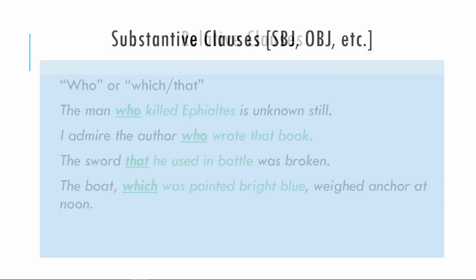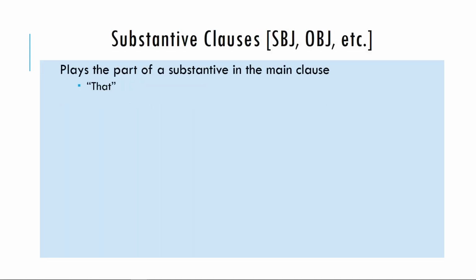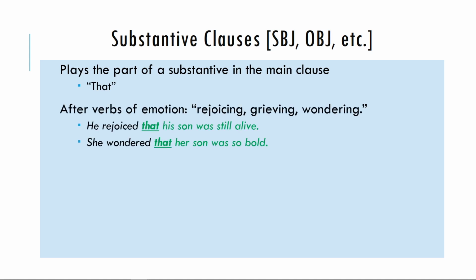There are also things that we call substantive clauses, which are clauses that act the part of a noun. It's as simple as that. Certain verbs especially require them, and they might act as the subject of the sentence, they might act as the object. So he rejoiced that his son was still alive. These are a lot like object clauses after verbs of effort and fearing. Certain other verbs, especially emotional verbs, are followed by subordinate clauses as their object.